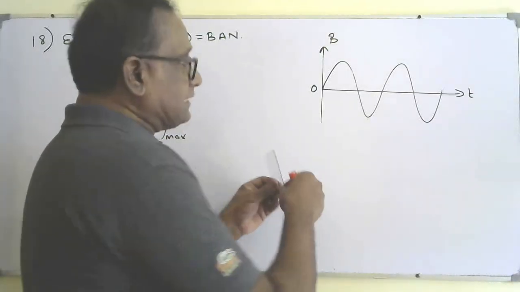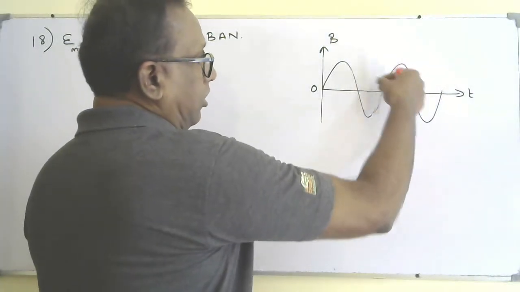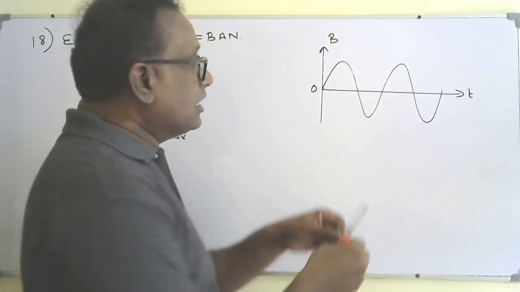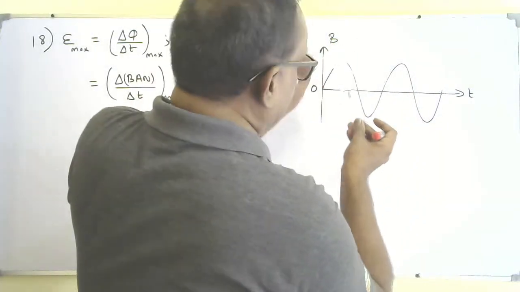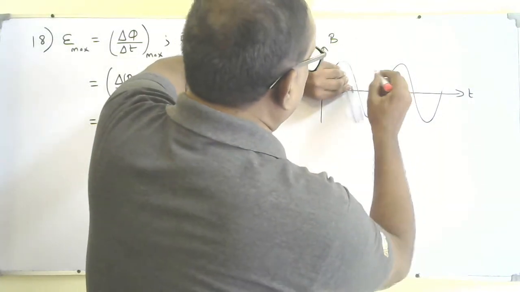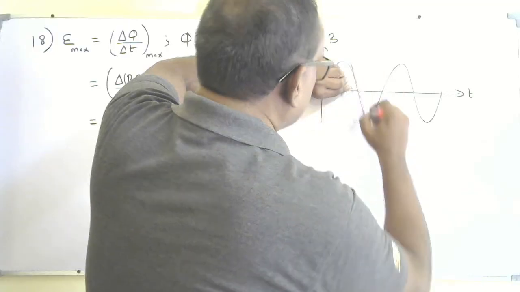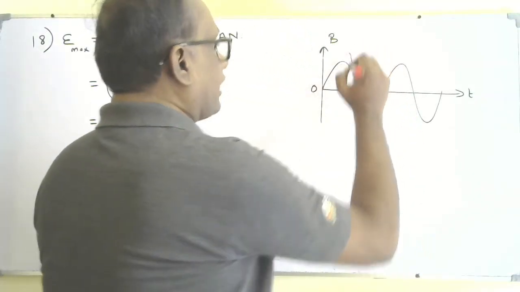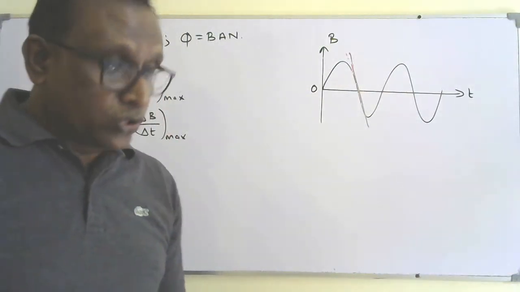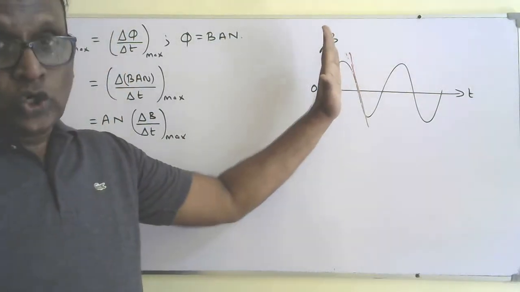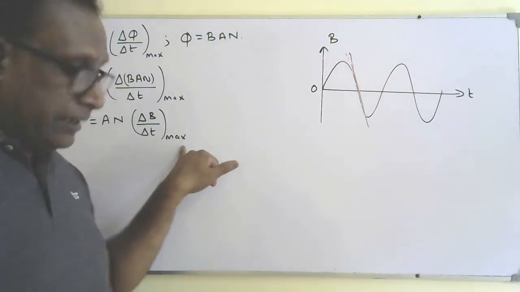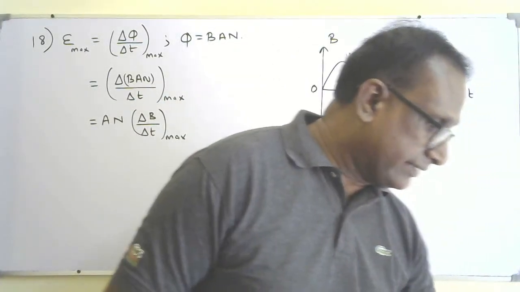So I can draw the tangent either here or here on the given graph. I can't draw it on the board, but you can draw it on the given grid. That will be the maximum slope, the dB over dt maximum. So I drew a gradient there.